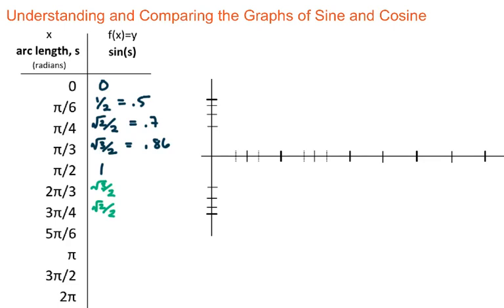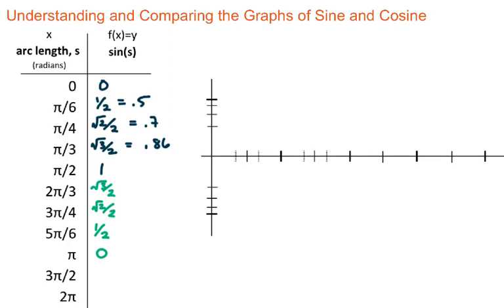Sine of 5 pi over 6, I get 1/2, and sine of pi, I get 0. If we look at what happens here, we went from 1 and the values became smaller to 0. So in quadrant 2, the values were decreasing.